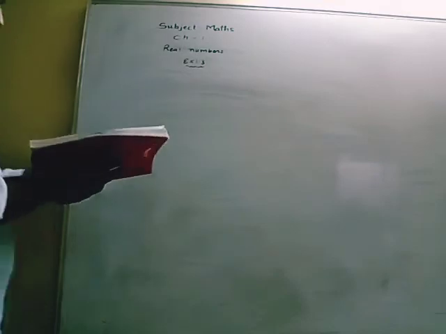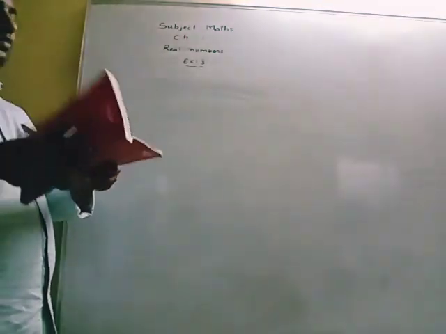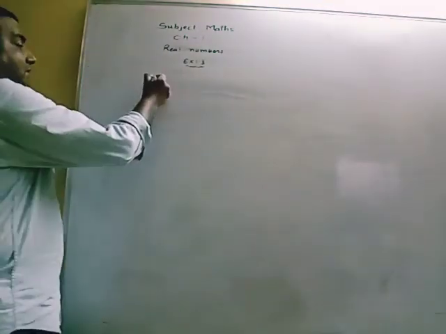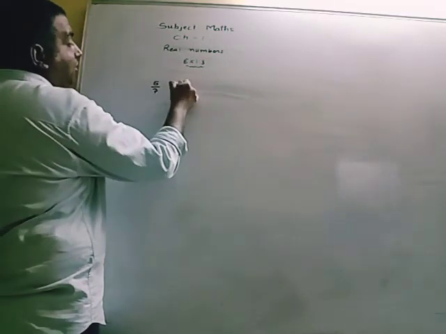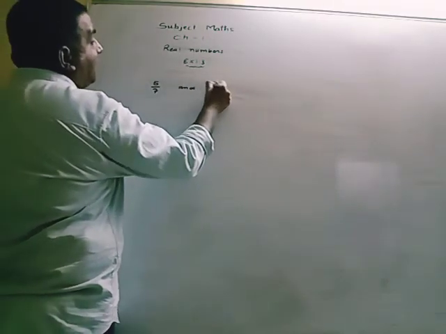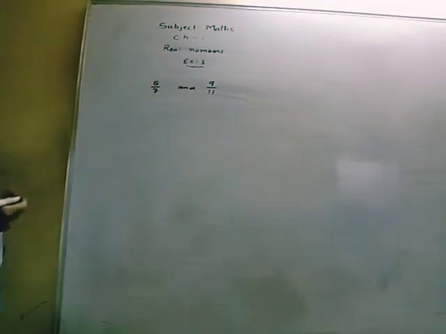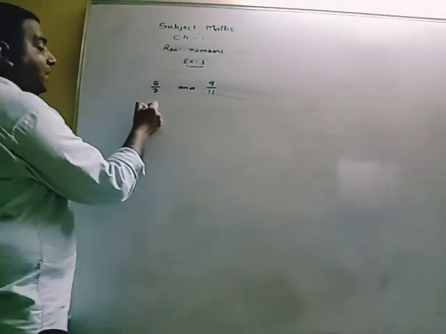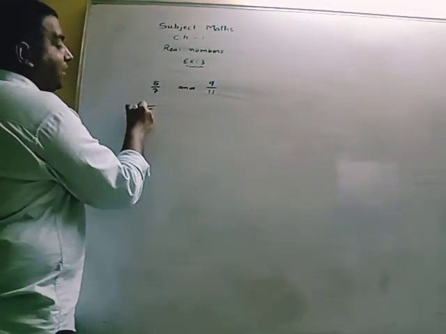Now here it is said: write 3 numbers between 5 by 7 and 9 by 11 which are irrational numbers. So first we have to find out the decimal form of 5 by 7 and 9 by 11. So 5 divided by 7.